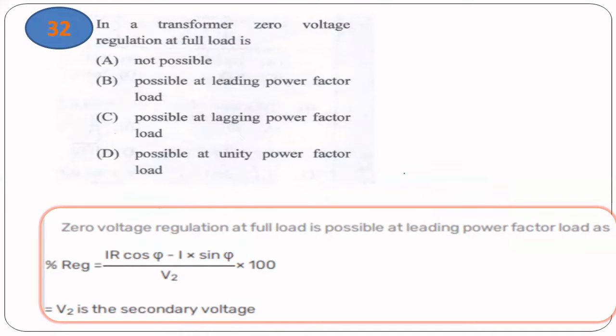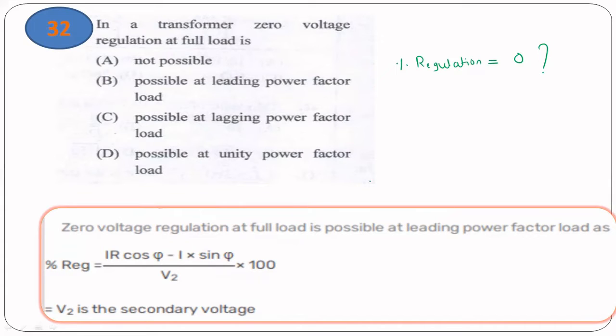Next, this question is about the transformer. In a transformer, zero voltage regulation at full load. So basically this question is about percentage regulation. It has been clearly asked under what circumstances this regulation will be zero. To get the answer, we need a basic idea about the percentage regulation formula.